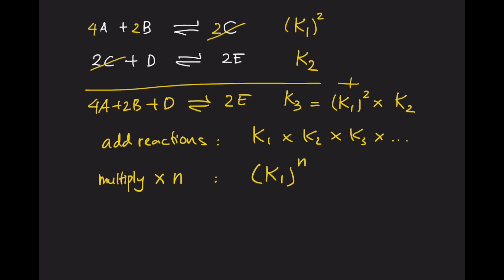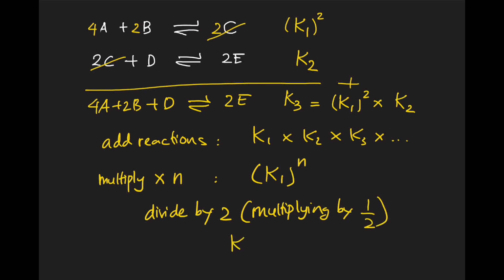For instance, if you divide the reaction by 2, that means you are multiplying it by a half. Therefore, the new K will be equal to the square root of K1, or K1 to the power of a half.